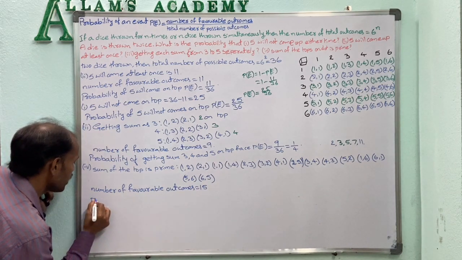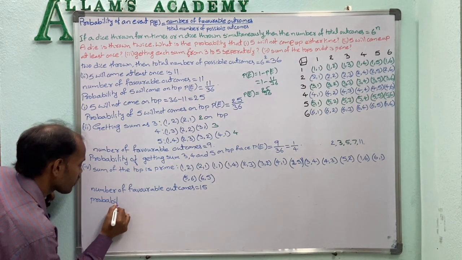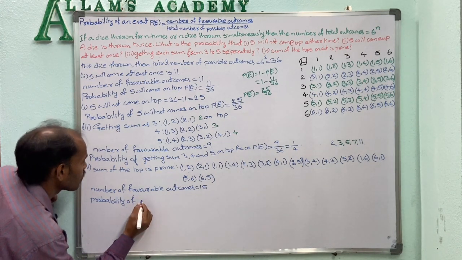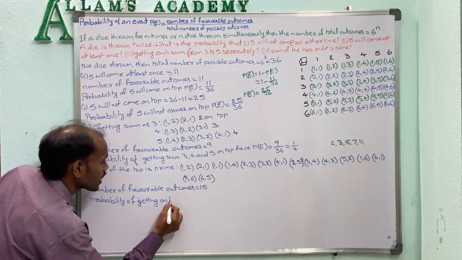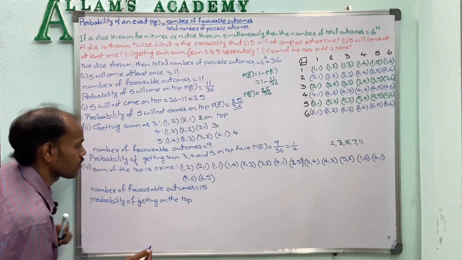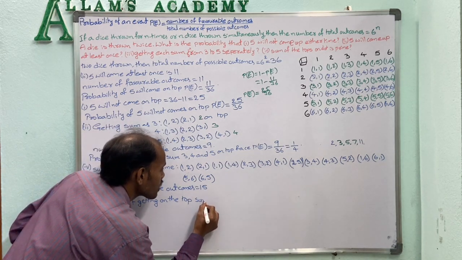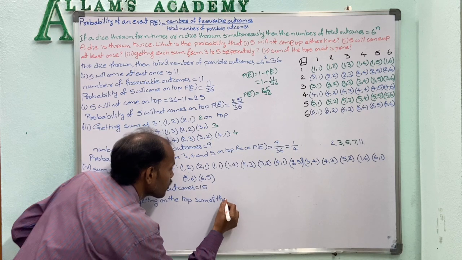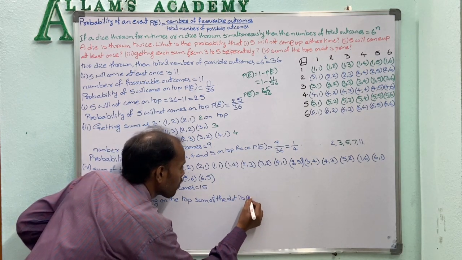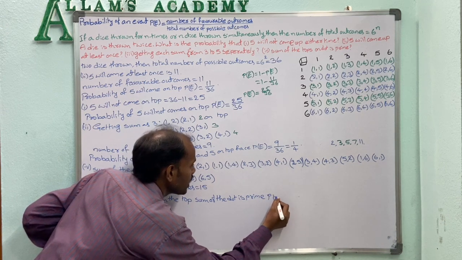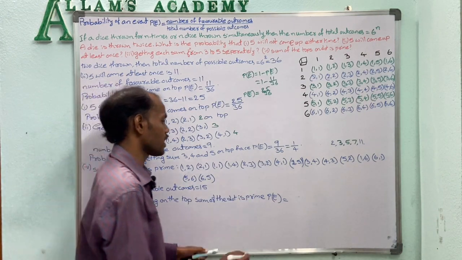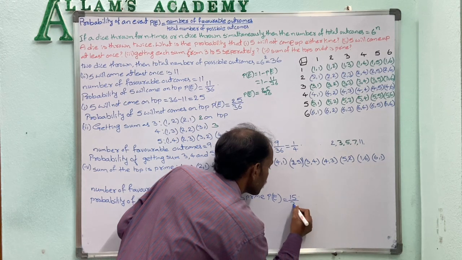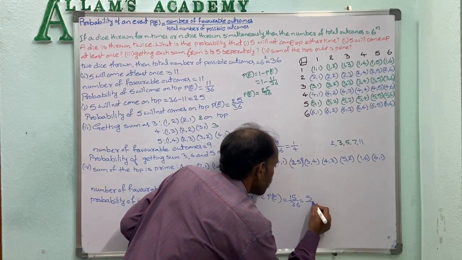So the probability of getting on the top a sum of the dots that is prime, P of E, is equal to number of favorable outcomes by total number of possible outcomes, that is 15 by 36. So that is nothing but 5 by 12.